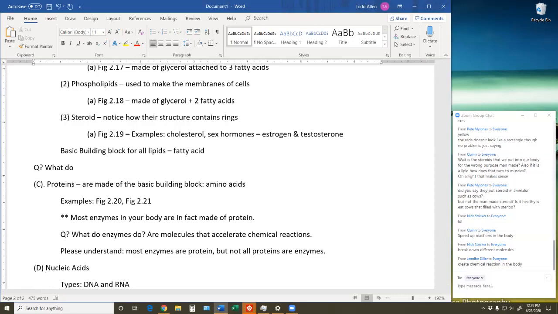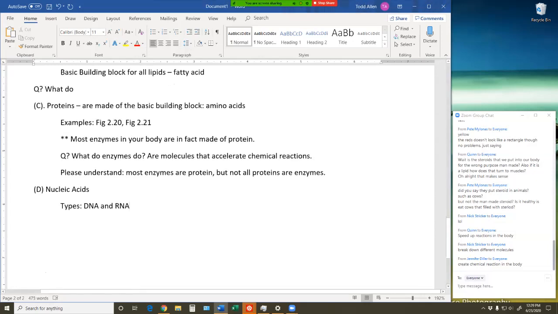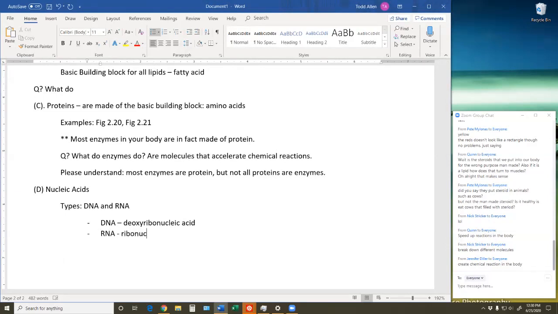DNA and RNA are types of nucleic acids. As you know, DNA is short for deoxyribonucleic acid. I just remembered my question, folks. It's going to come back at you. Hold on. RNA is short for ribonucleic acid.